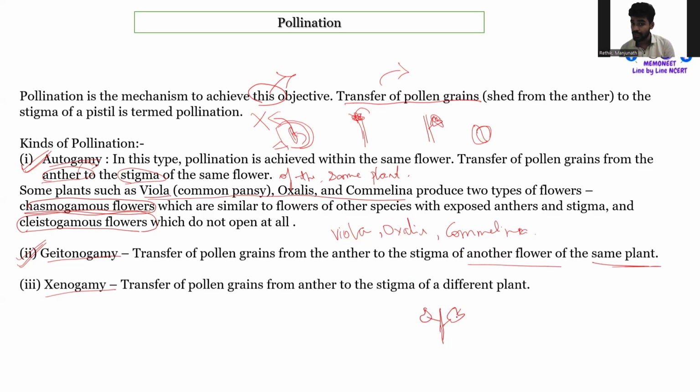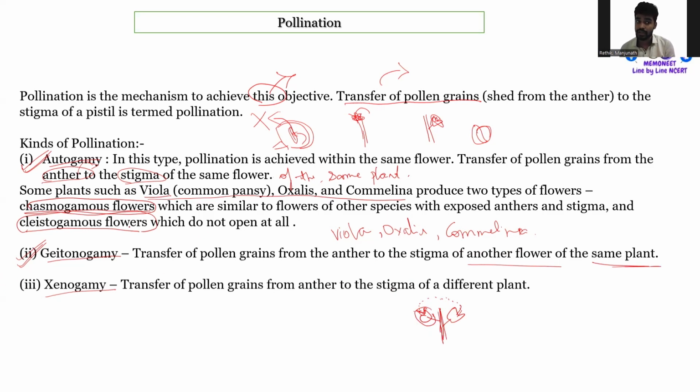So what happens here? The anther is releasing the pollen grains, and here you can see the stigma. These pollen grains are transferred to the stigma of the other flower of the same plant. In this way, the pollination happens.